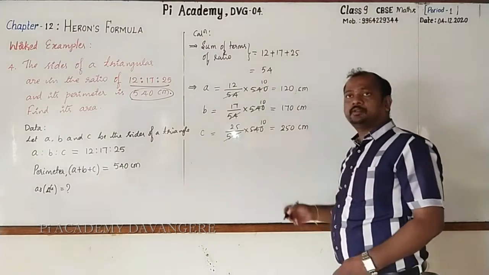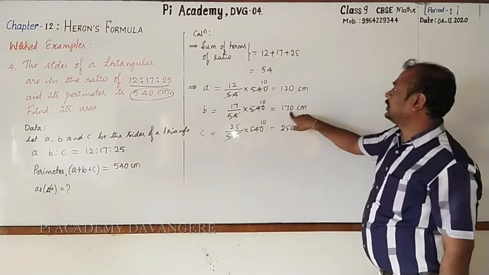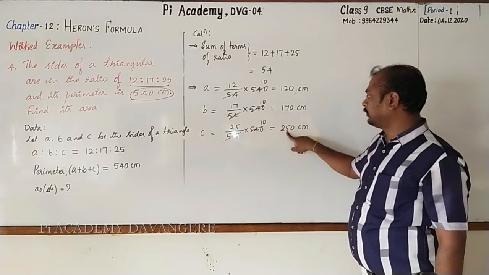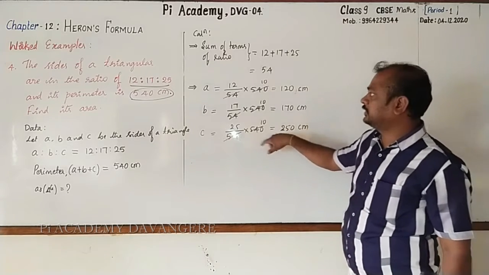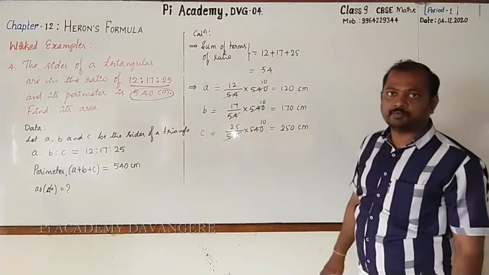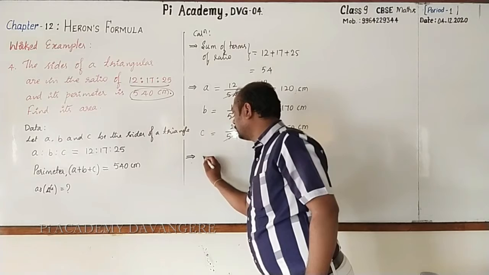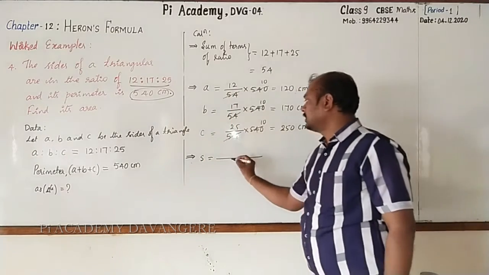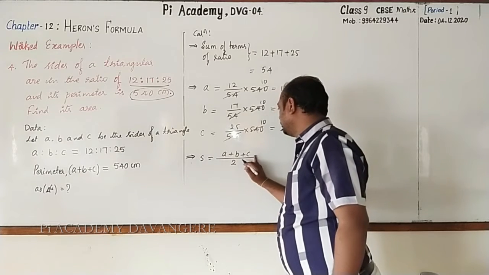Just go for adding them. 120 plus 170 is 290, 290 plus 100 is 390, 490, and 490 plus 50 is 540. See that the perimeter is 540. Clear? Okay. After this, we should find out the semi-perimeter, where semi-perimeter is half of the perimeter, (a plus b plus c) by 2.